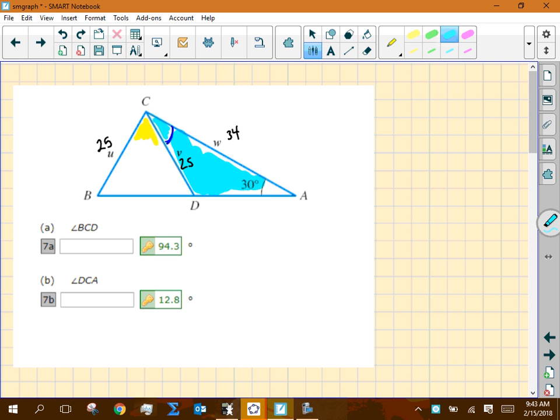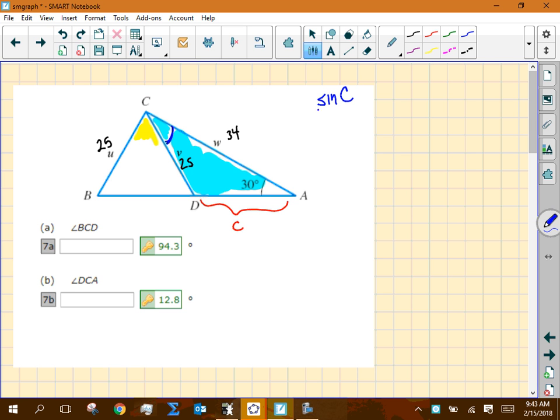Would you agree if I call that angle up top C, this side here would be lowercase c? Because it's not a right triangle, and if I'm trying to find angles and distances in non-right triangles, right now our only tool is the law of sines.